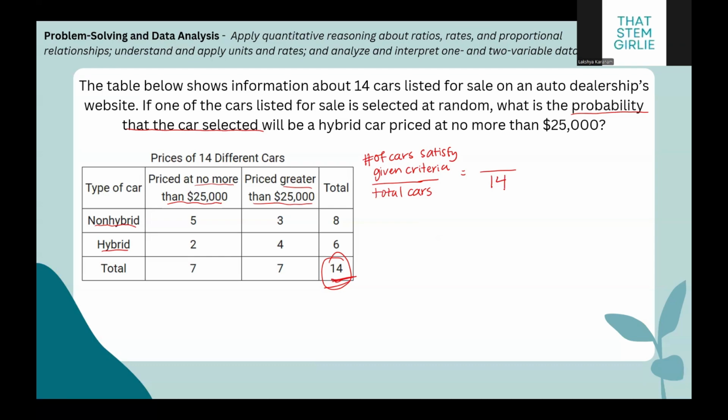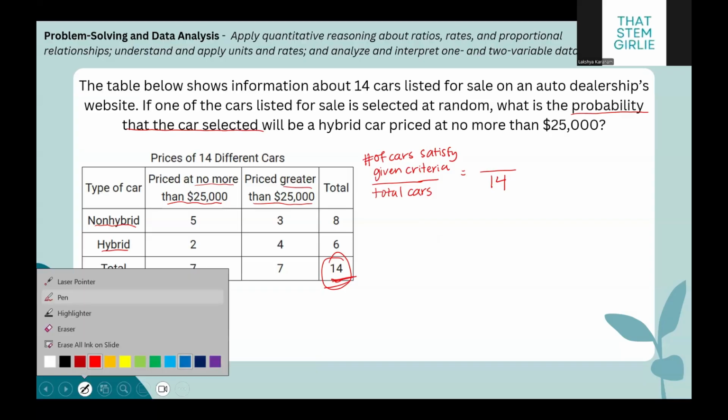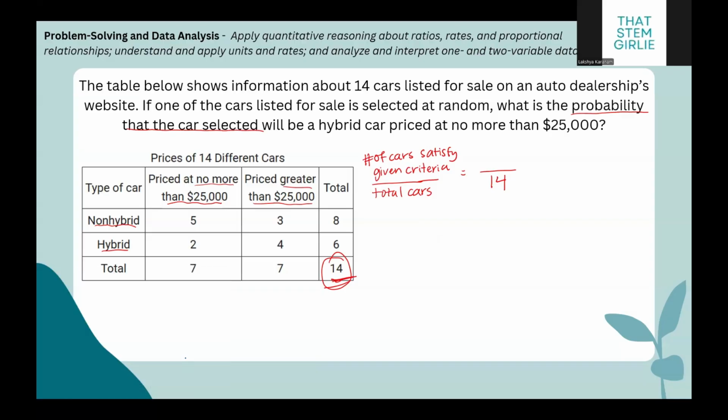And when it comes to the number of cars that satisfy the given criteria, what is the given criteria? In this case, we want the probability that a car will be hybrid and that it's priced at no more than $25,000. So, hybrid automatically knocks off the non-hybrid row.